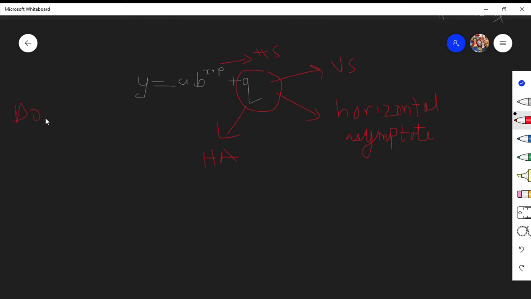We can represent the domain of an exponential function as x, an element of real numbers, as an exponential function really covers all the x values, whether it's a greater than 0 or even a less than 0. But our range is actually a bit different in an exponential function.